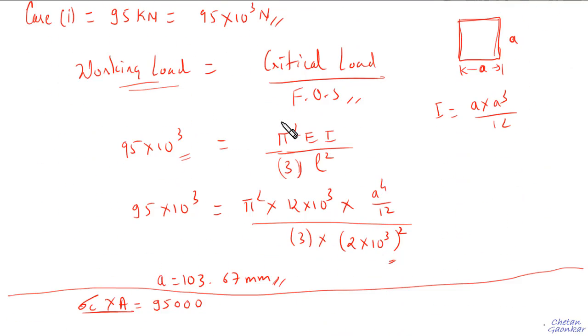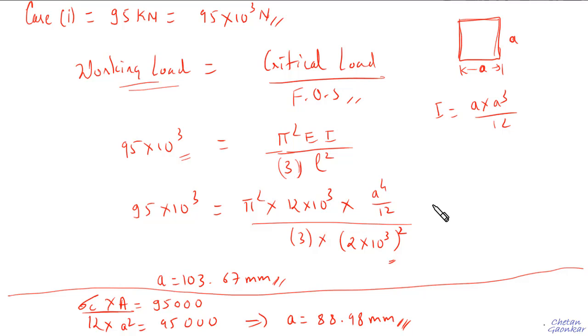So since it is given as 12 megapascals, this will be 12 multiplied by area of the square section is A square. This should be 95000, which will give us this A as 88.98 mm, right? But from crushing load the dimension is less, right?